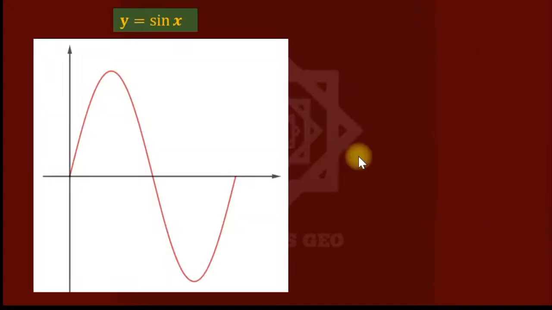The first one is sine. I had to use an app so that it will be very neat. If you notice, the graph of y equals sine x is always like that. From the table, the graph is always between -1 and 1.